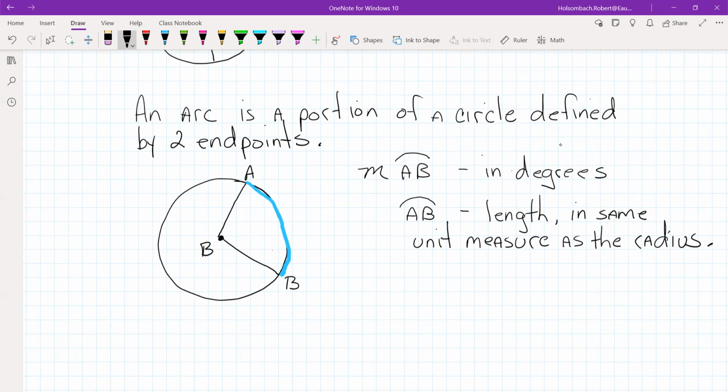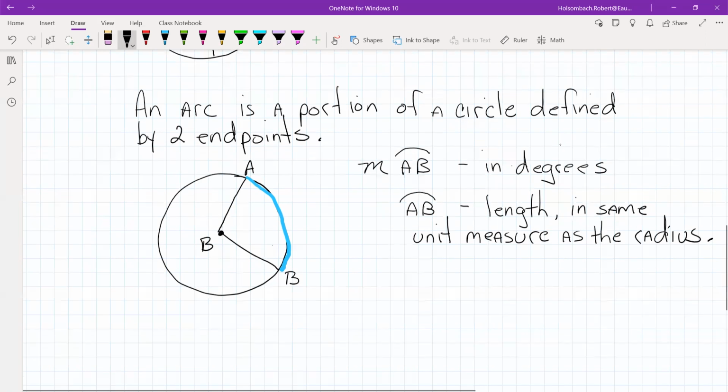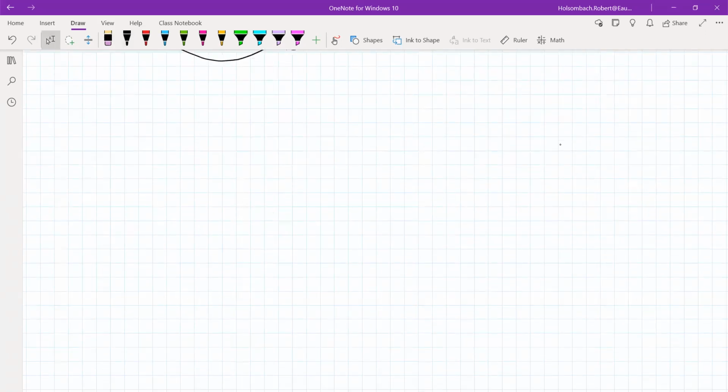Now on the top of page 707, we've got three types of arcs to talk about. We've got a minor arc, which is the shortest arc connecting two endpoints.